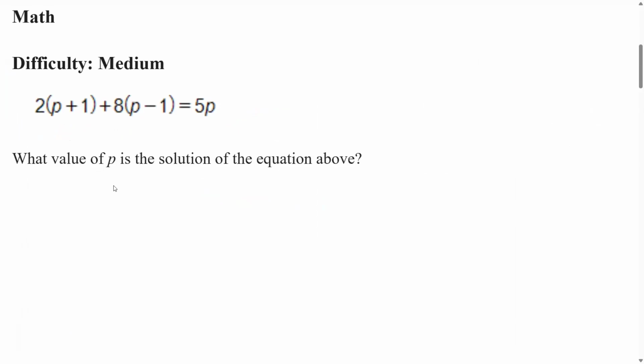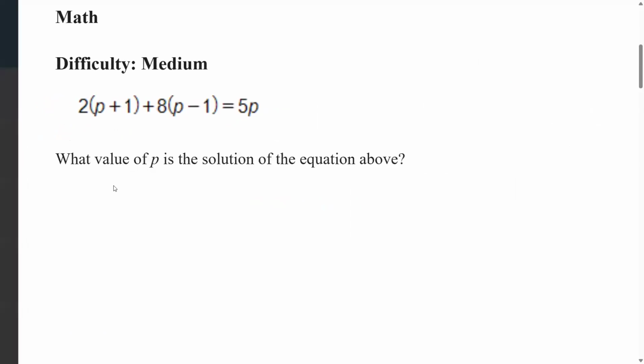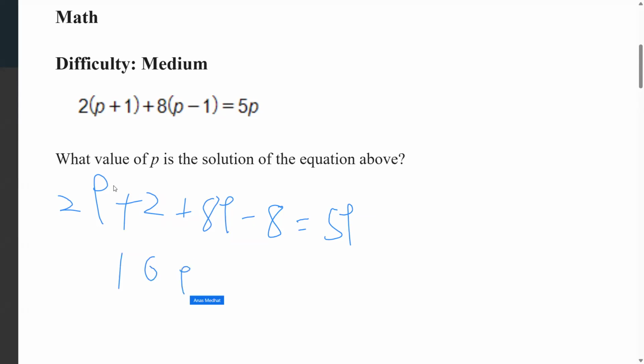What value of p is the solution of the equation above? All we have to do is solve the equation. Let's solve. P plus minus 6 equals 5p. Shift the p. Minus 6 is equal to minus 5p.